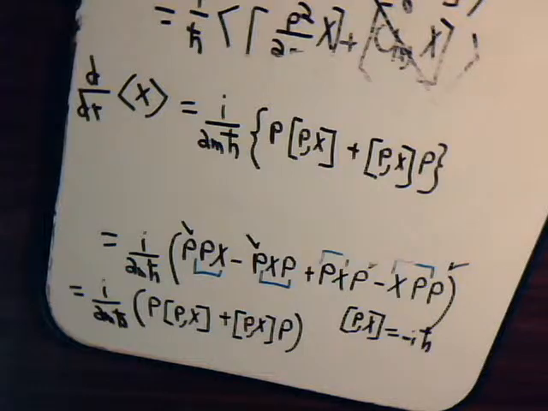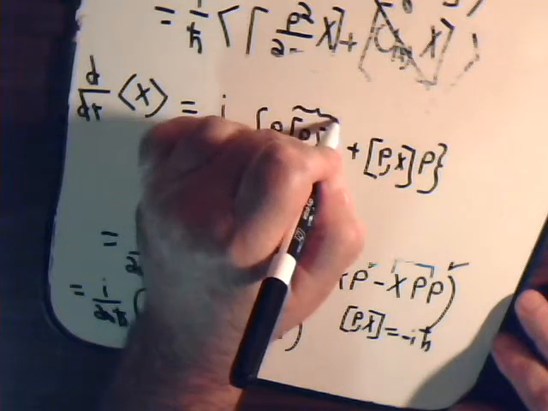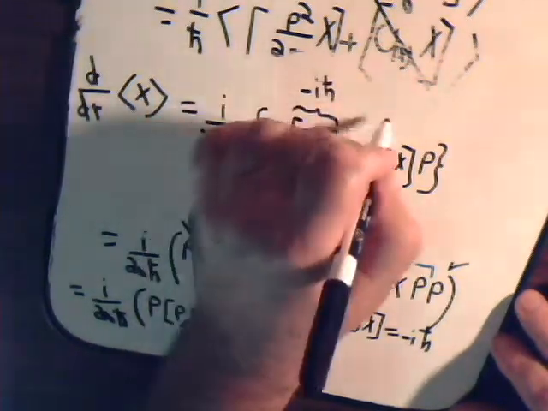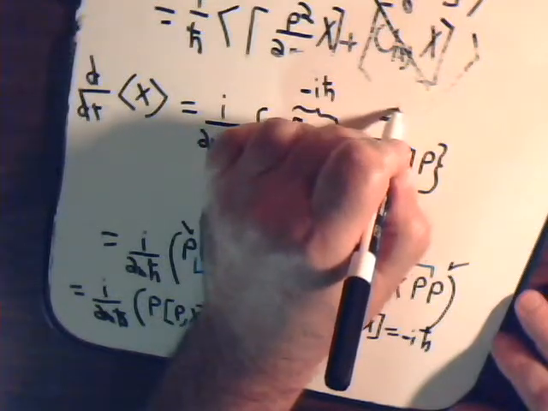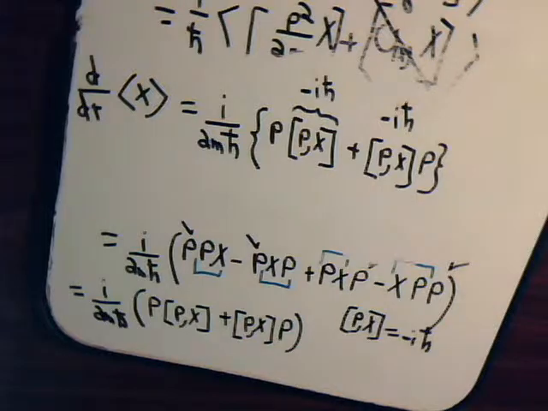That's our expression so far, and we know that that commutator is minus i h bar, here and here. So let's see what this leaves us.